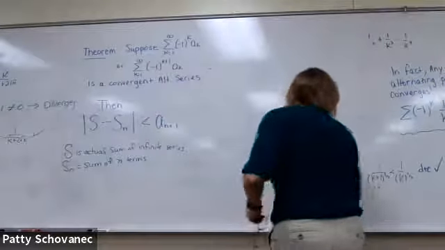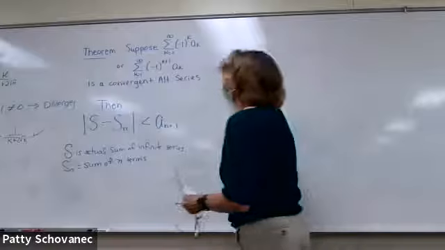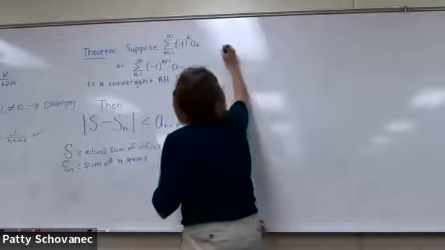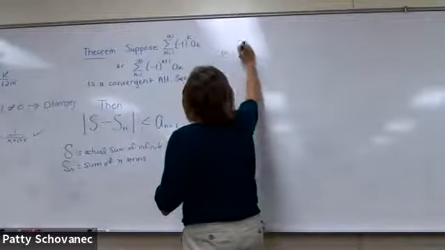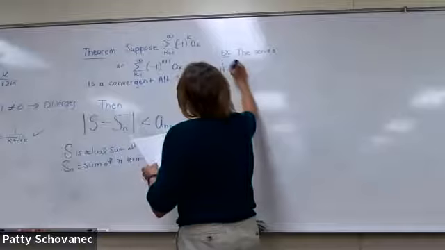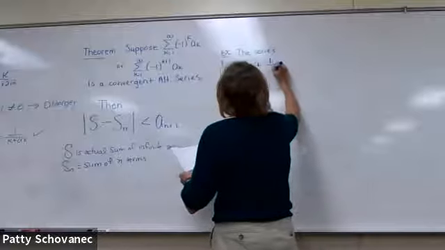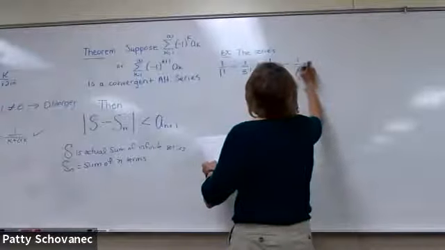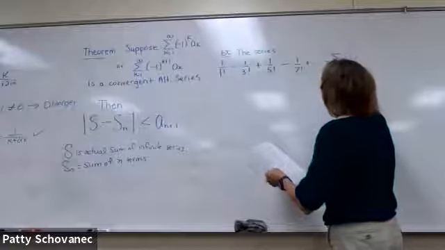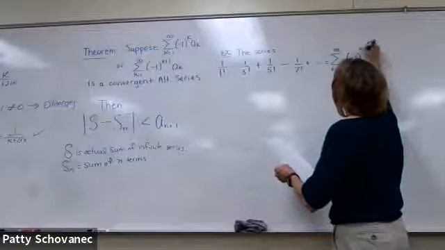And here's an example. The series 1 over 1 factorial minus 1 over 3 factorial plus 1 over 5 factorial minus 1 over 7 factorial, and so on, can be written as the sum from k equals 1 to infinity of negative 1 to the k plus 1.